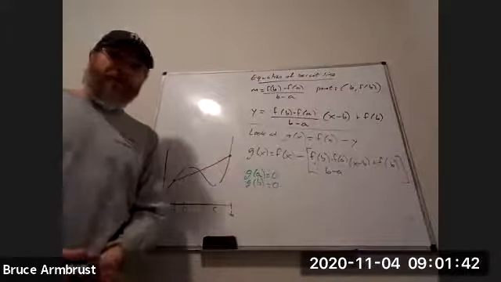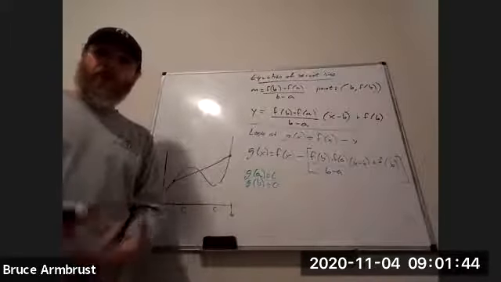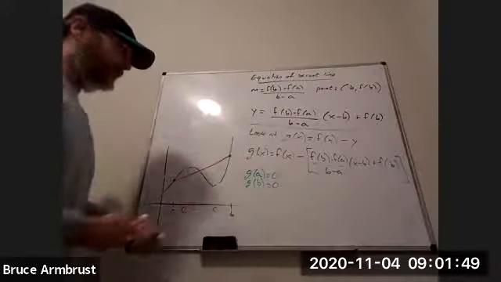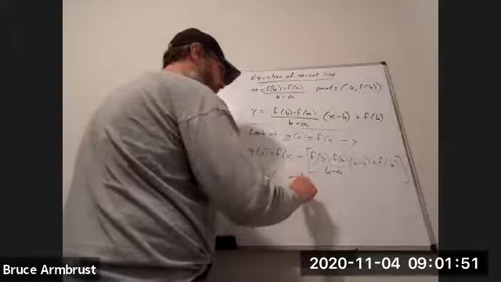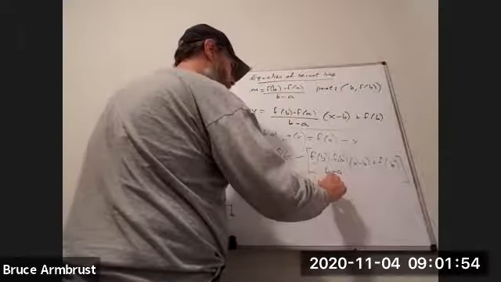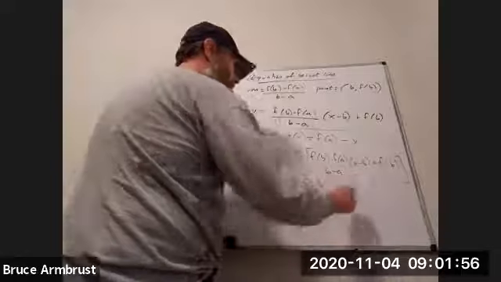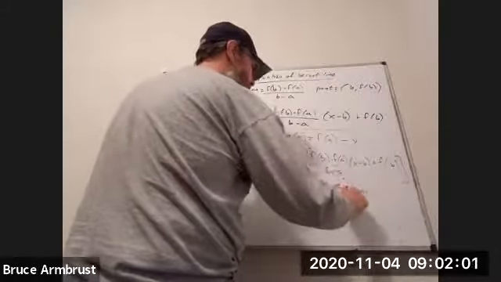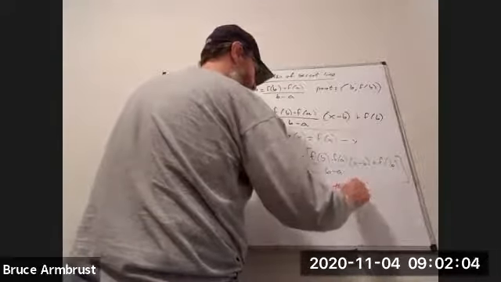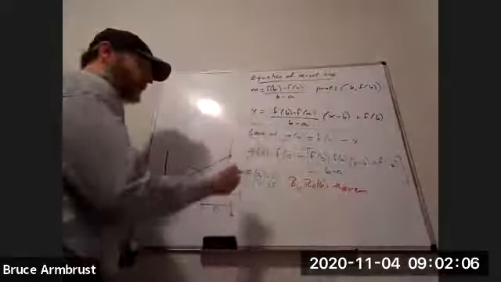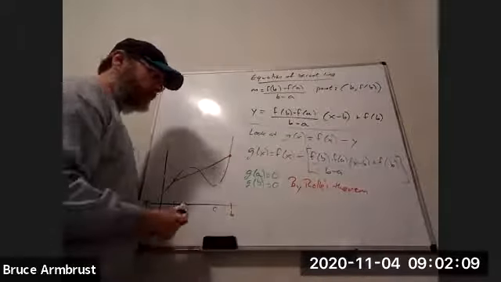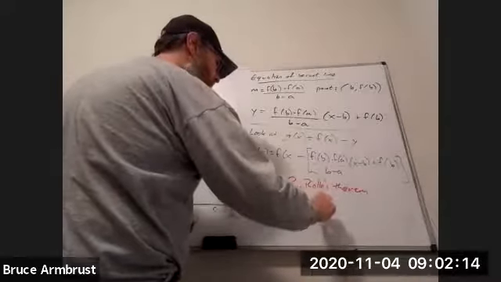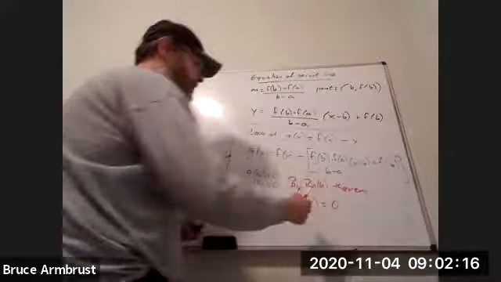The endpoints are both equal to the same value. So we can apply Rolle's theorem. All right, so here's where we're going to actually use Rolle's theorem. By Rolle's theorem, we know that there is a place where the derivative of this equals 0. So we know that there's going to be some place where g prime of c equals 0 somewhere.